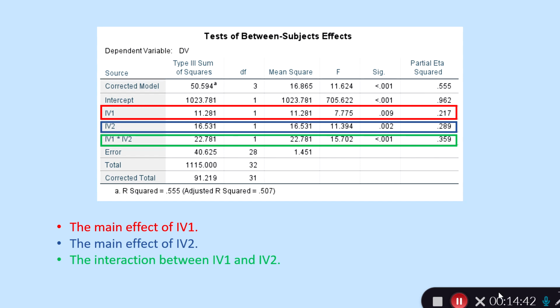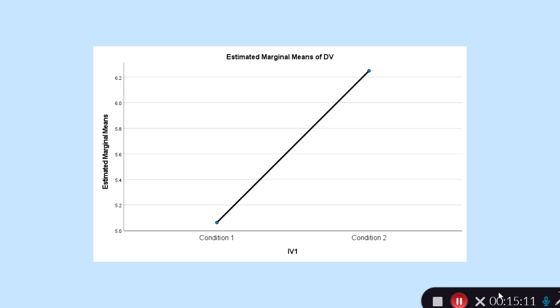You can see highlighted in red, if you look at the F value and the significance, we have a significant F ratio for the main effect of IV1, a significant main effect for IV2, and a significant interaction. And what I'll do shortly is cover how we make sense of these types of results, when we get significant main effects and interactions, what it all means. But first of all, let's look at some plots for the different group means for each of these effects.